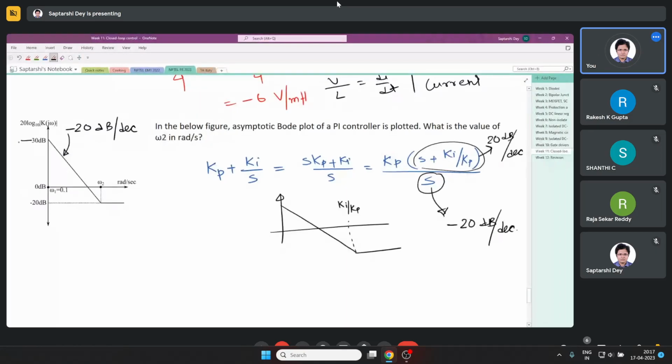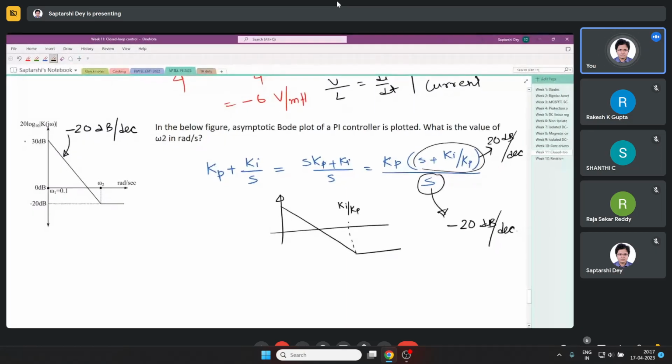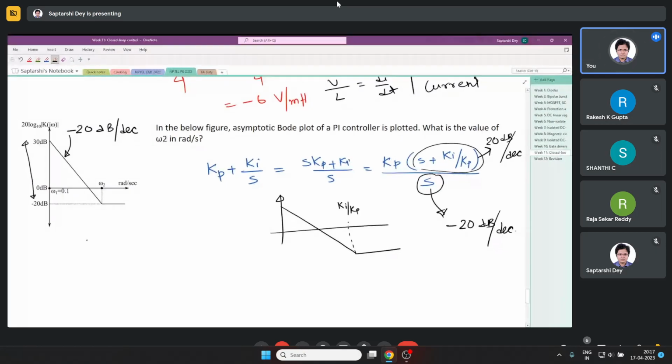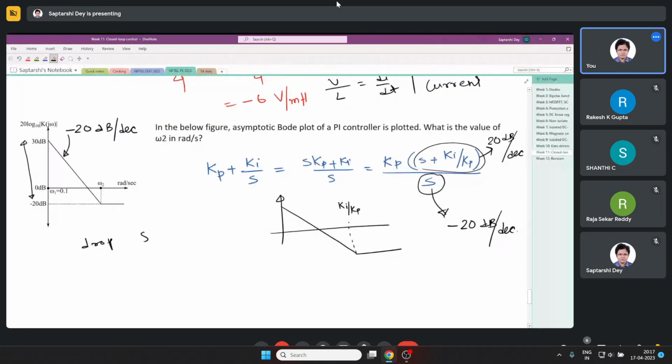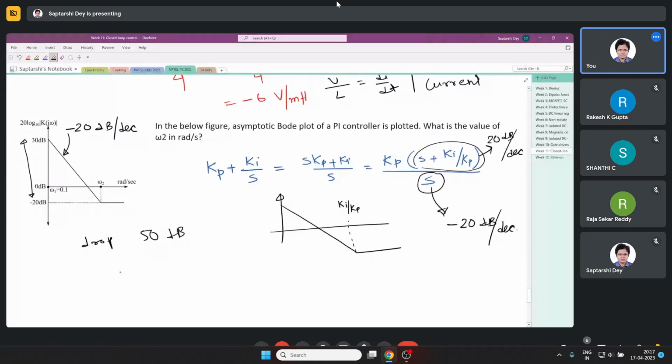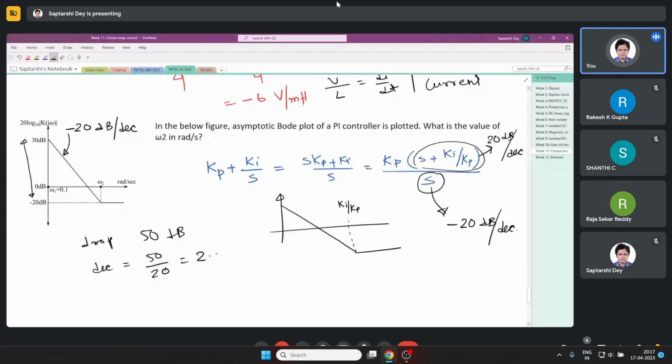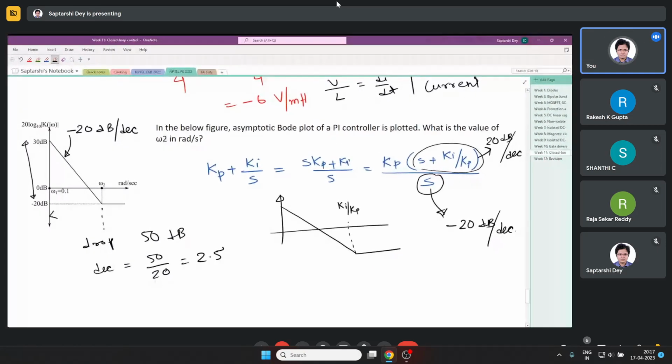Now you see a total drop of 50 decibel is there, from 30 decibel to minus 20. So how many decades are there? If it is 20 decibel per decade, then 50 by 20 gives 2.5 decades from here to here.